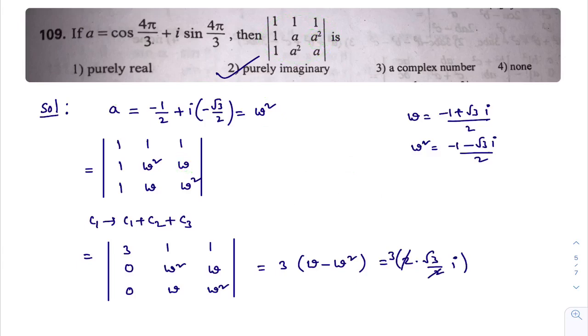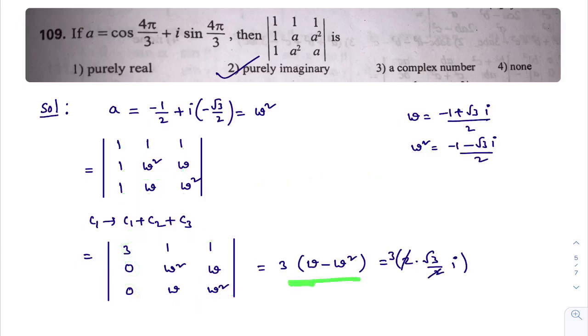Now I know 1 plus omega plus omega square is 0, so I am going with the operation C1 changes to C1 plus C2 plus C3. That means all the elements of the first column will change. 1 plus 1 plus 1 is 3, and 1 plus omega square plus omega is 0. Now I'll expand this determinant.